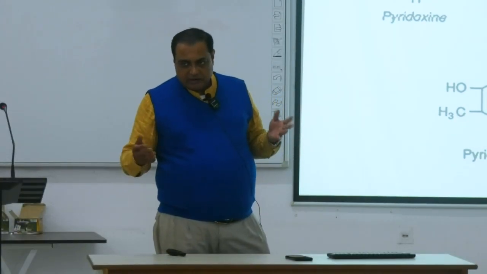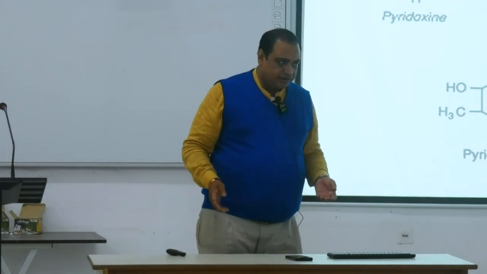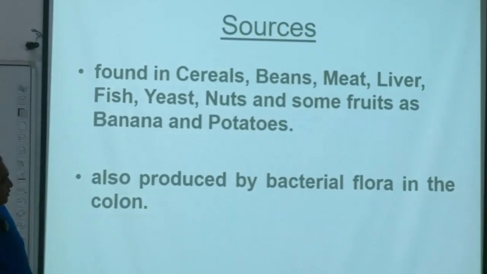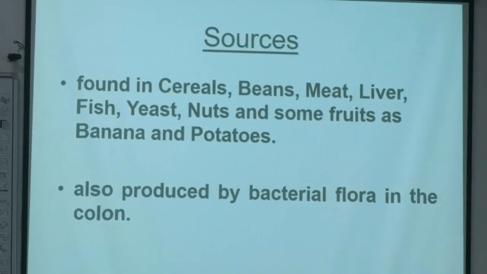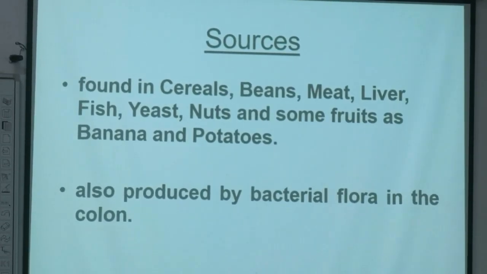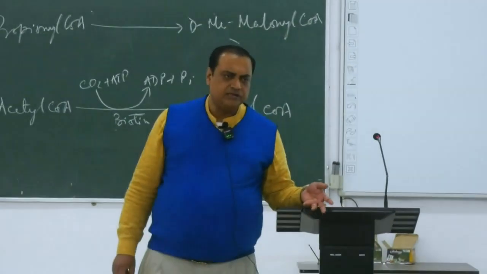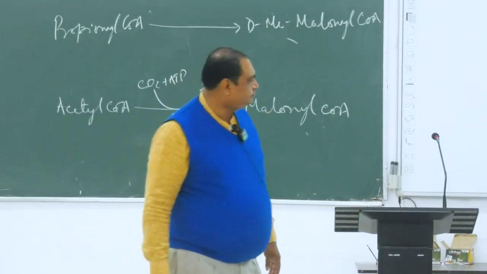Nowadays, it has been replaced by PLP as in the other parts of the world. Where do you find it? It is mostly synthesized in our body by intestinal flora, and the rest we get from any fruit, vegetables, meat or dietary component. Clear?